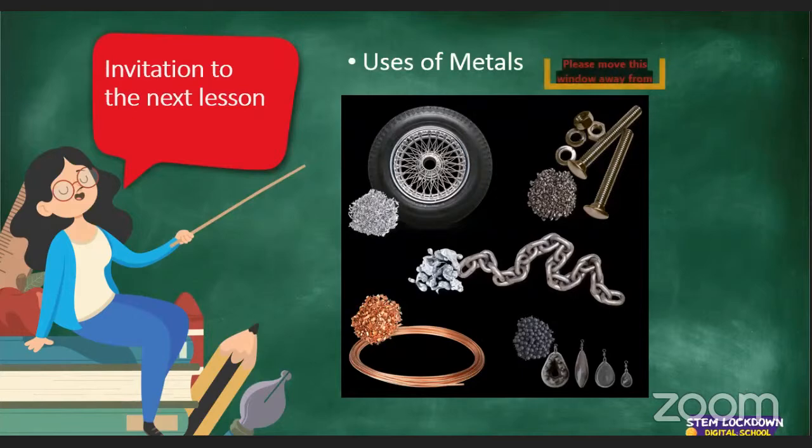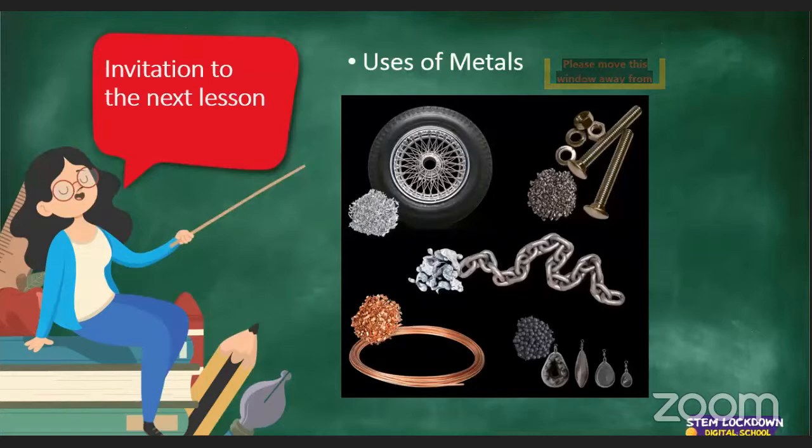Okay, when we say metals are dense, we basically mean that the particles of a metal are close together. Okay, so the person that is singing, I'm going to ask you to please stop.